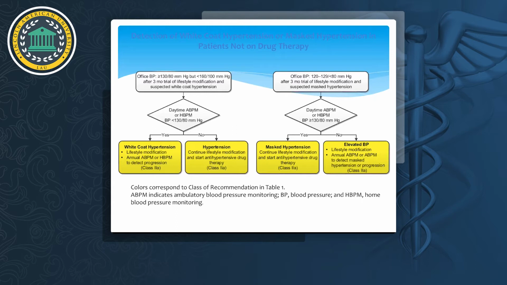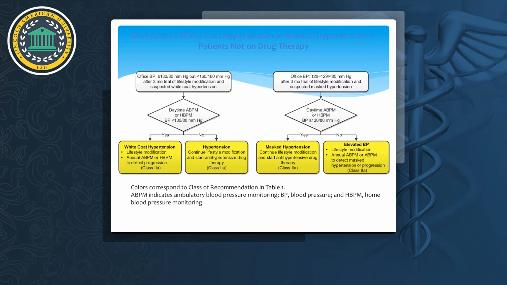Similarly, we have masked hypertension. You have to suspect a patient to have masked hypertension, then you order a 24-hour BP monitoring. If the blood pressure is more than 130/80, but the clinic BP is less than 130, that's masked hypertension. Here, the question is, do you need to start antihypertensives?